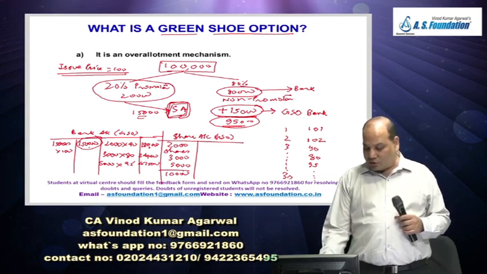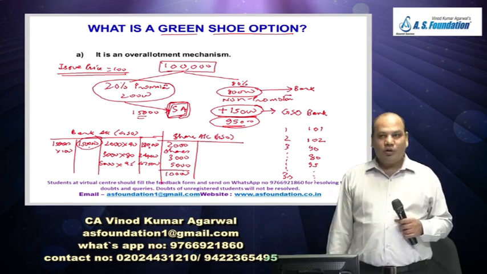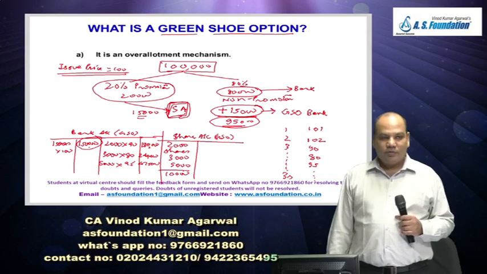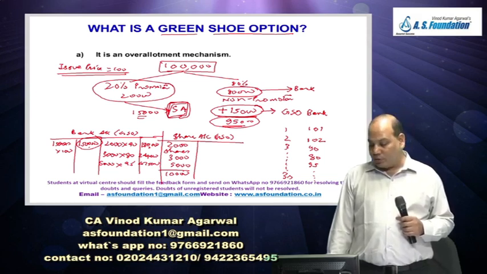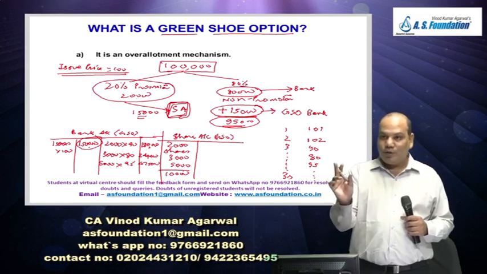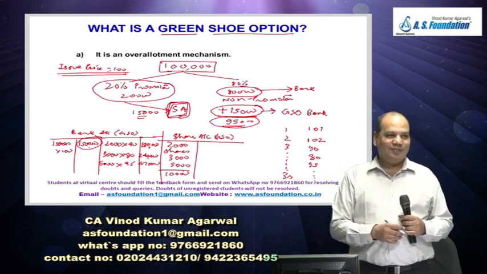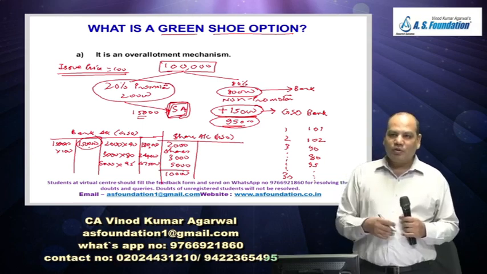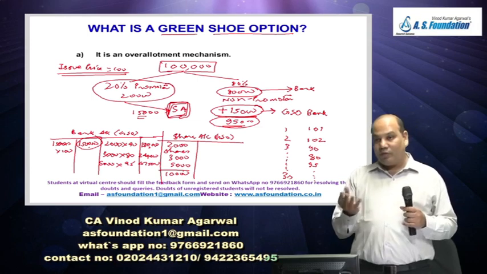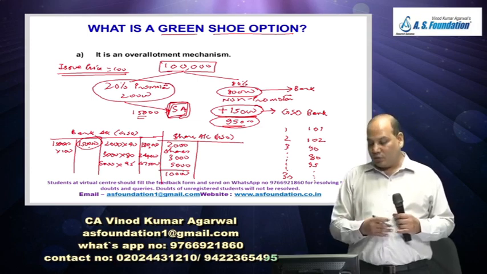These 10,000 shares will be returned to the promoter. But the promoter will say, we have given you 15,000 shares. Give me 5,000 more. Now from where will that 5,000 shares come?